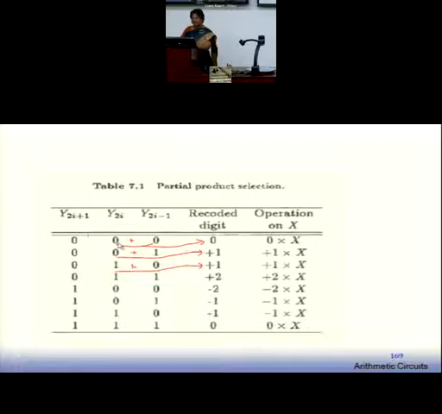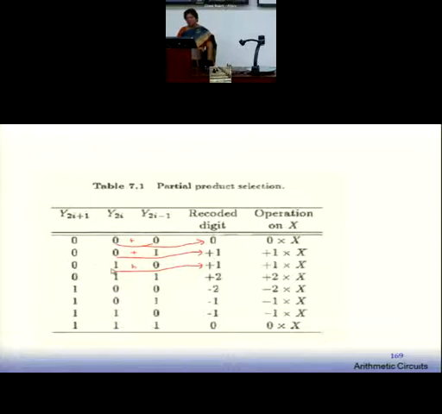If your combination is 0, 0, and previously you are getting a 1, then that one can give you a carry, or that one can give you a -1. So choose. So 0, 0, 1 is recoded as 1.